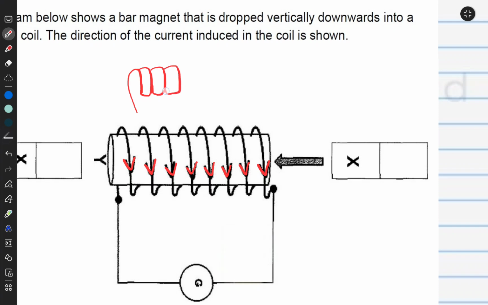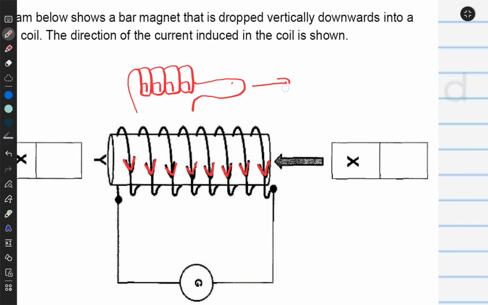You take your hand and make sure your fingers are curling in the direction of current. You'll see the nails of your fingers, but not the nails of your thumb.